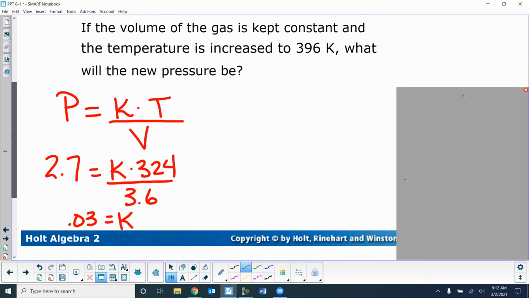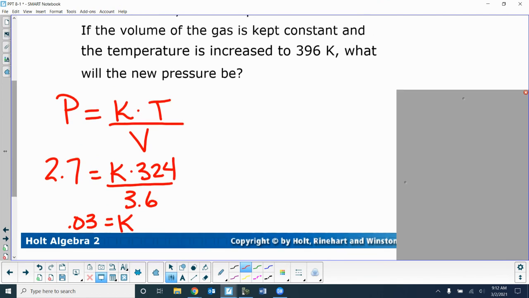If the volume is kept constant, so that doesn't change. So volume is still 3.6. Constant means don't change, right? And then K is 0.03.